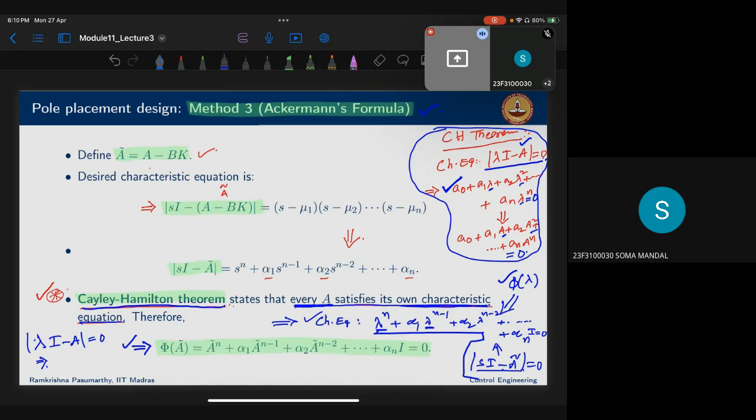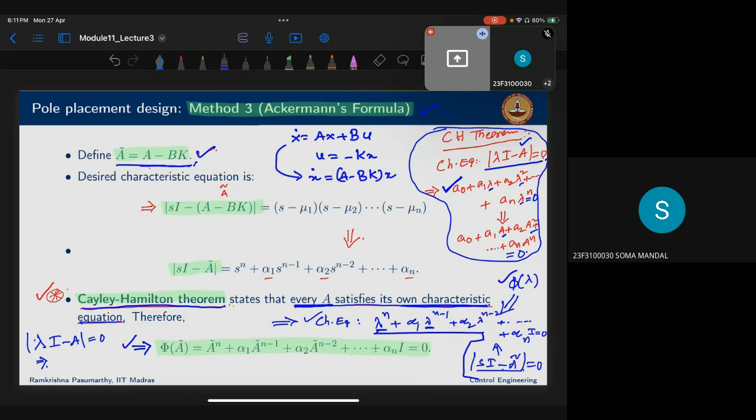Basically here, we know this form where x dot is equal to Ax plus Bu. If you substitute u is equal to minus Kx, you get this matrix A minus BK multiplied by x. That A minus BK we define as A tilde.